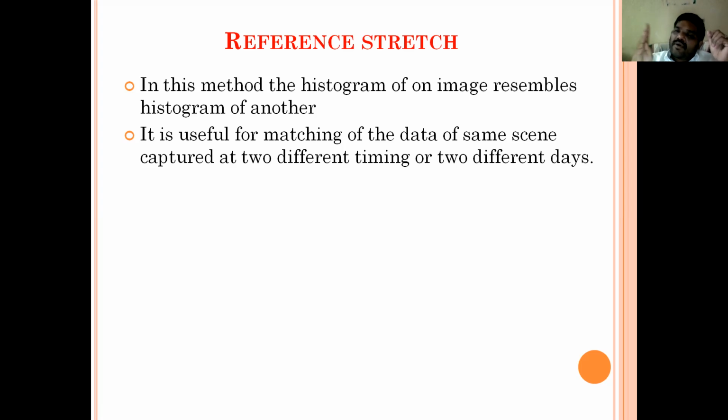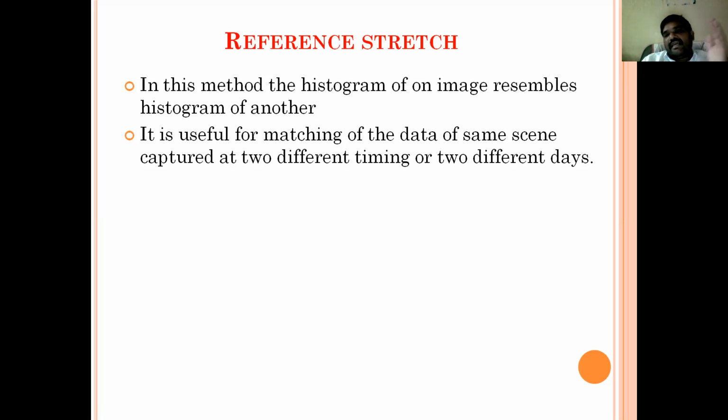Or else you keep one copy of the data of the same scene in a file, and the fresh one is compared and the histogram stretched by keeping in view the histogram of the other image.